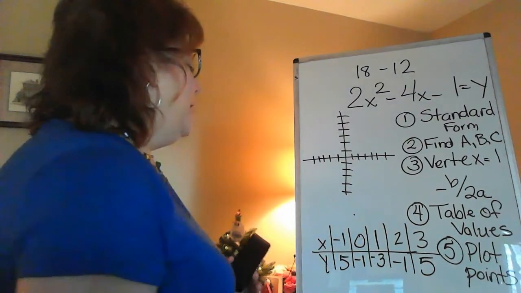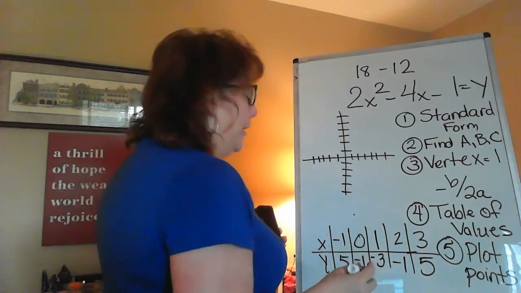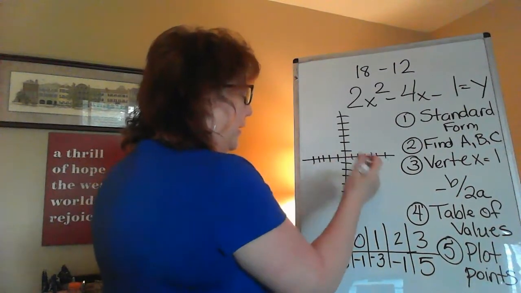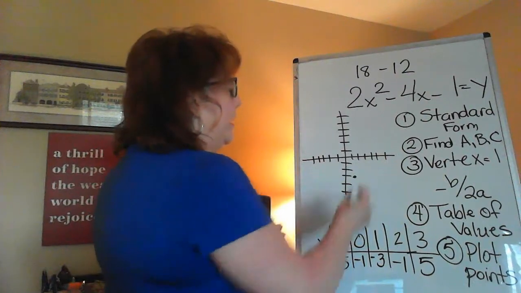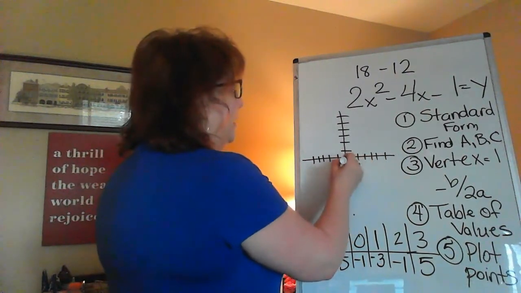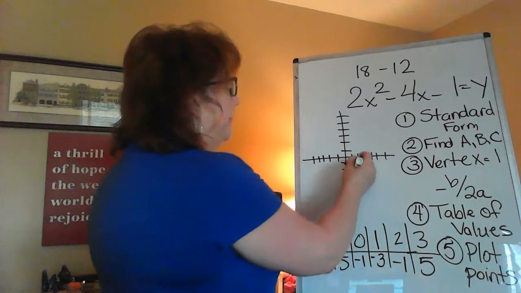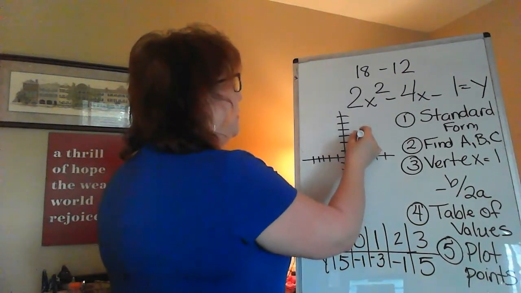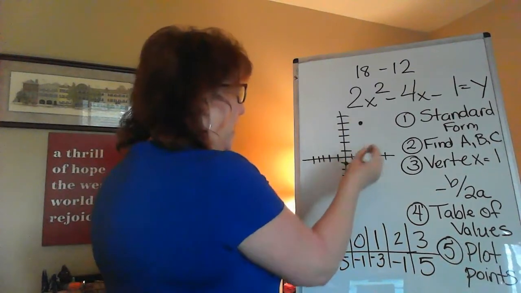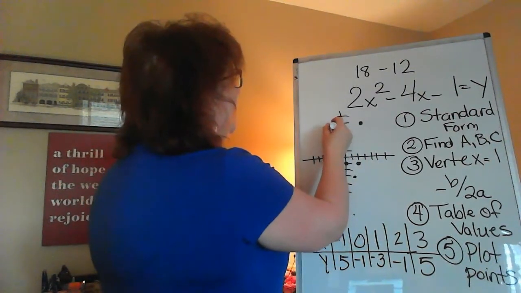All right, so we know that our vertex is right here. So 1, -3, that should be our bottommost point. 2, -1, and 0, -1. And then 3, 5, and -1, 5.